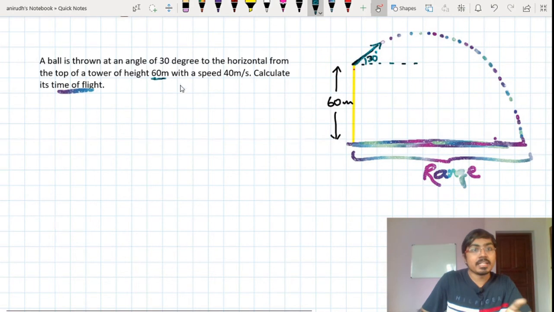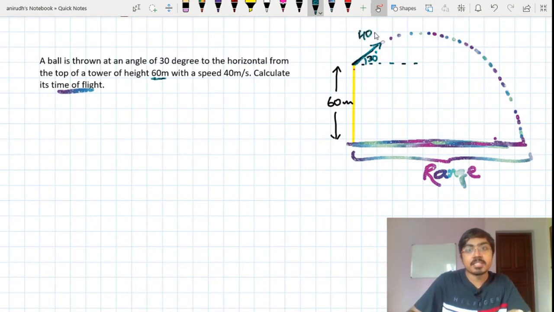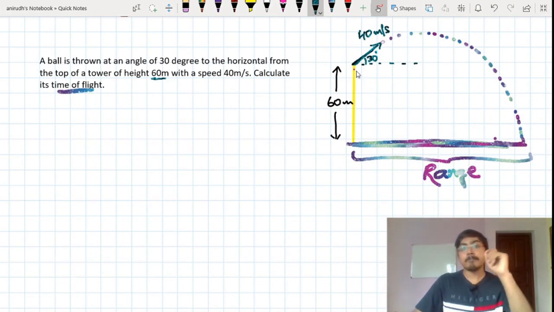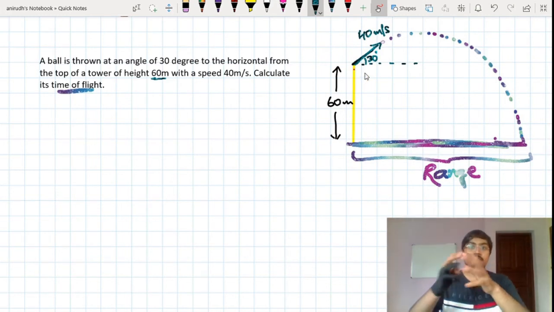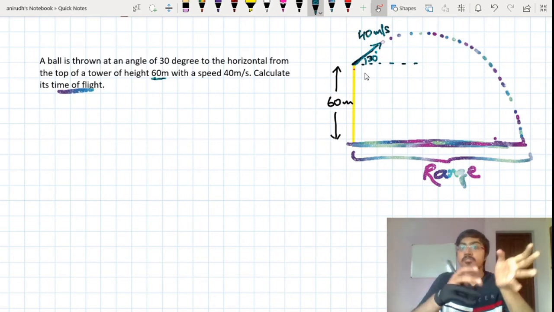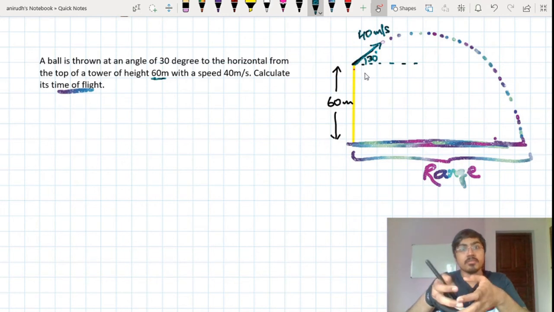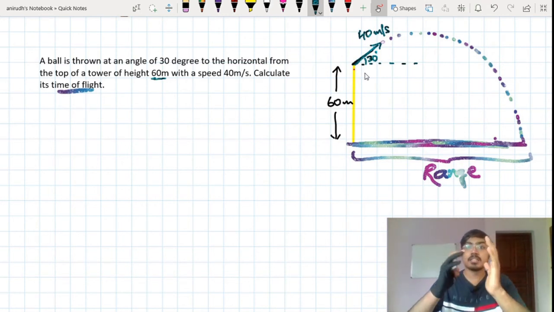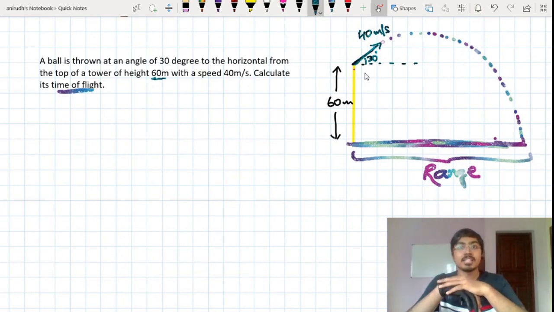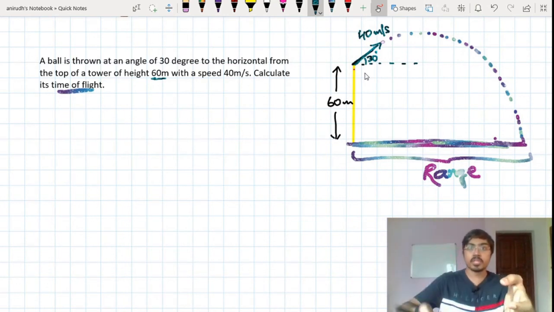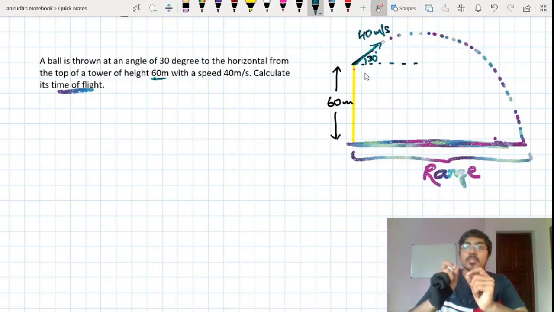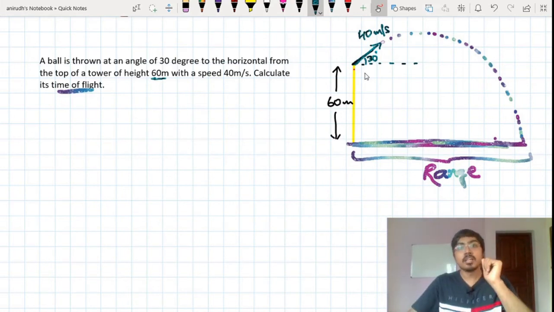Height is 60 meter and a speed of 40 meter per second is the velocity of projection, the initial velocity of projection. Now the point to remember here is that we were talking about time of flight in the normal situation where you were throwing the ball vertically upwards. We considered the velocity which is vertical, because the only velocity it has is a vertical velocity.